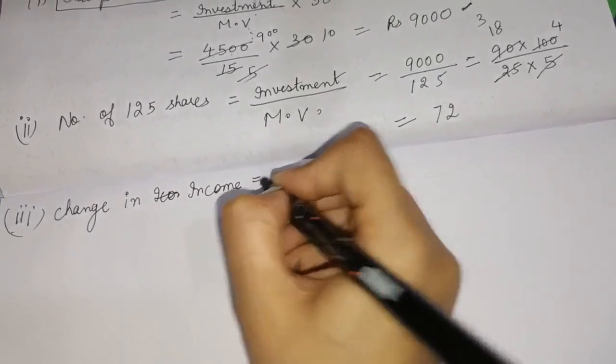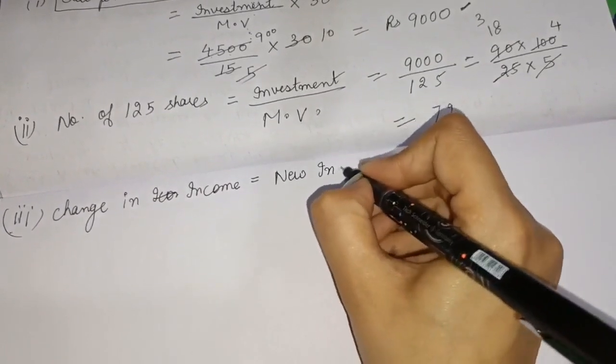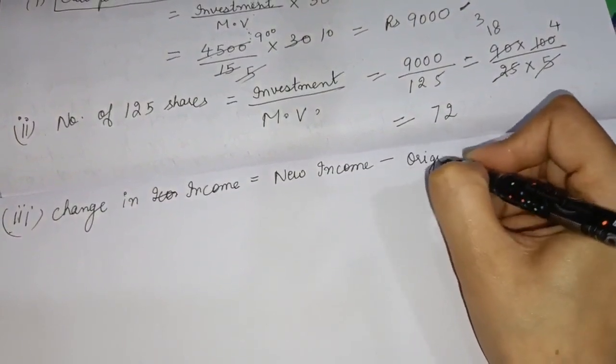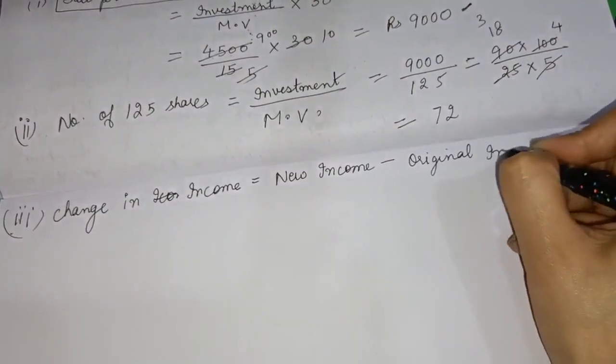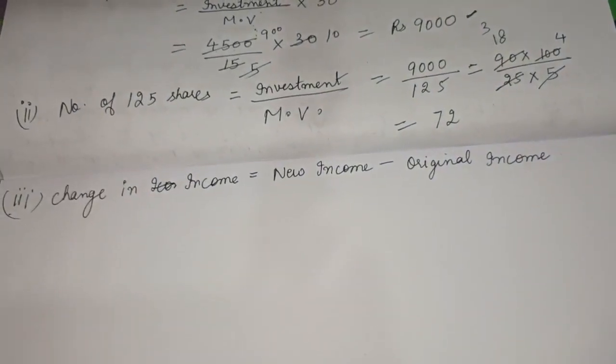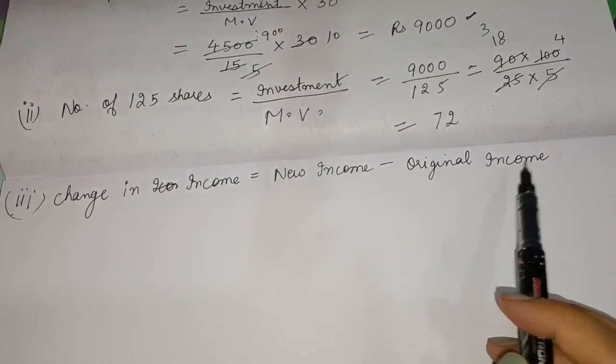So change in income is equal to new income minus original income. Any change we are finding, it will always be the new thing minus the original thing.